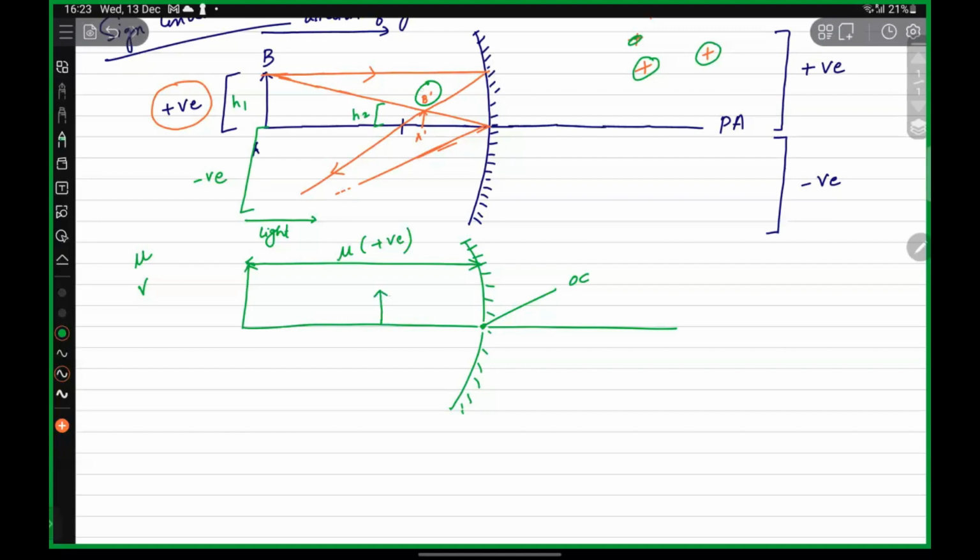I don't want to overcomplicate the diagram. This is the object AB. This is the image A dash B dash. Now the distance is against the ray of light. So the rays are coming here and meeting somewhere here, and this distance has to be measured here. Since it is against the direction of light, light is moving this way, and we are measuring the distance this way, this distance will be negative.